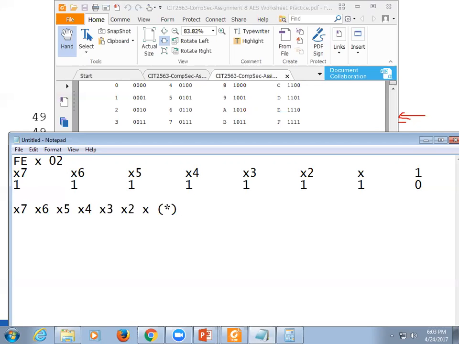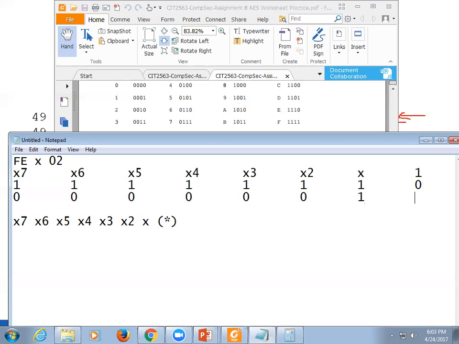Times 0, 0, 1, 0. So what is 2? 2 is 0, 0, 1, 0. Let's find out. What is 2? X. Okay, yeah. So we need 0, 0, 0, 0, 0, 0, 1, 0. Y'all agree that's 2? I'm making sure we all follow all the steps. So then it's a big 1, 1, 1.